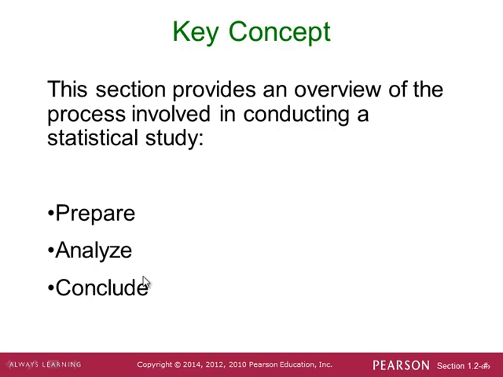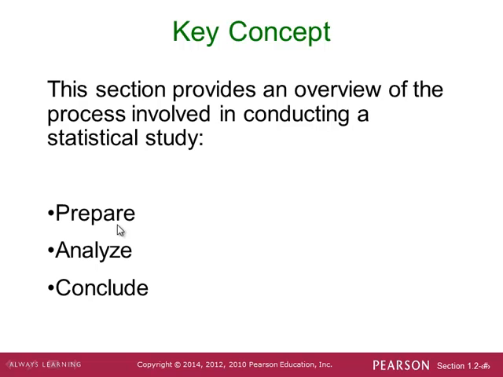So here are some steps that we use in doing a statistical study, and these are not always one at a time steps and only done once. Sometimes we have to go around in a circle and do these multiple times. Sometimes these steps overlap each other as well.